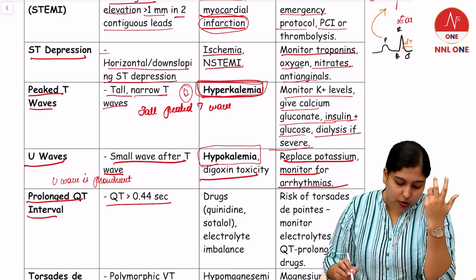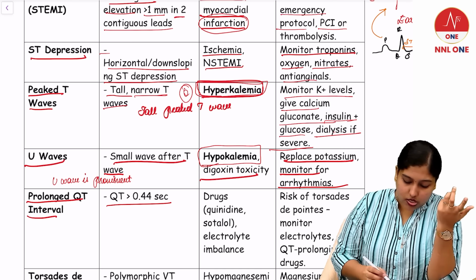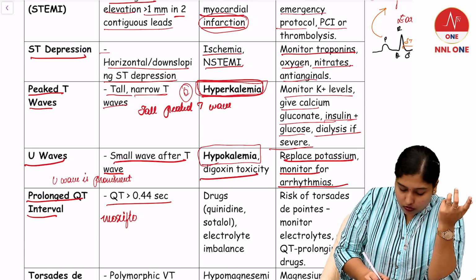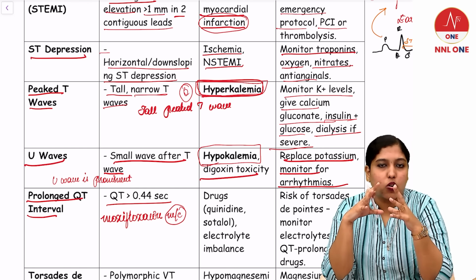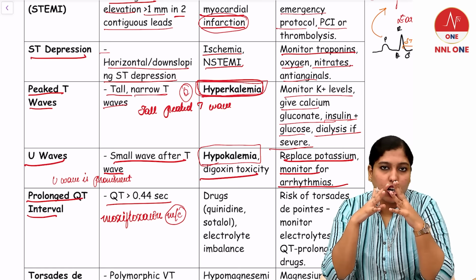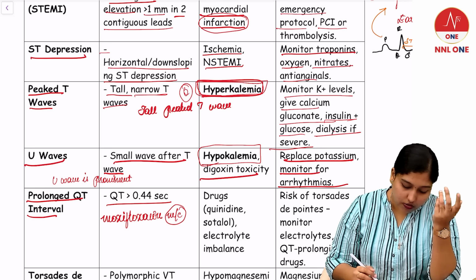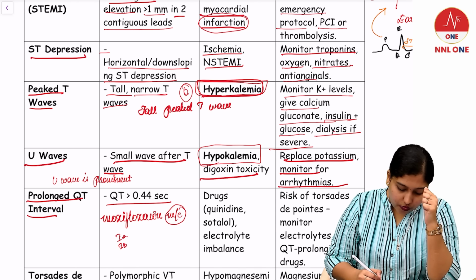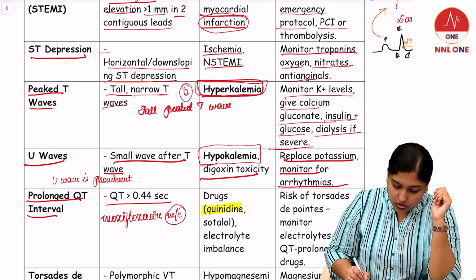The most common drug causing it is moxifloxacin. QT prolongation is also seen with class 1A, 1B, and other antiarrhythmic compounds, which we will discuss in the pharmacology sessions, such as quinidine and sotalol.